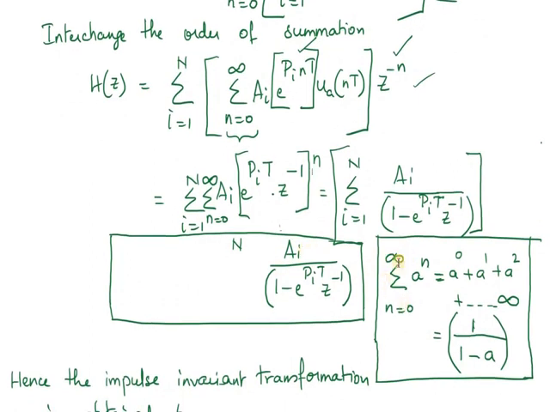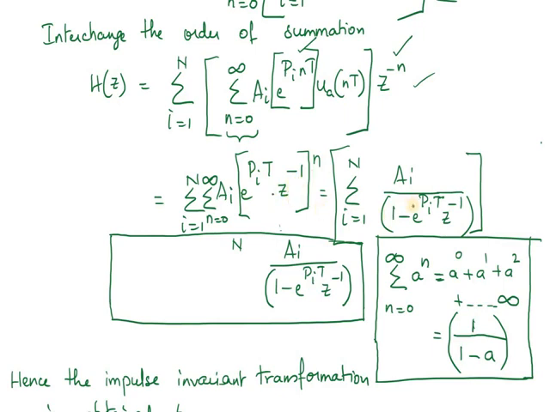You can see this formula here. If we have an infinite geometric series, we write it as 1 divided by 1 minus a. Apply this equation here, for n equal to 0 to infinity of e raised to Pi T into z to the power of minus 1.